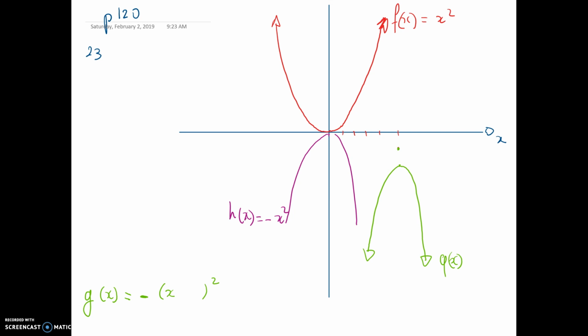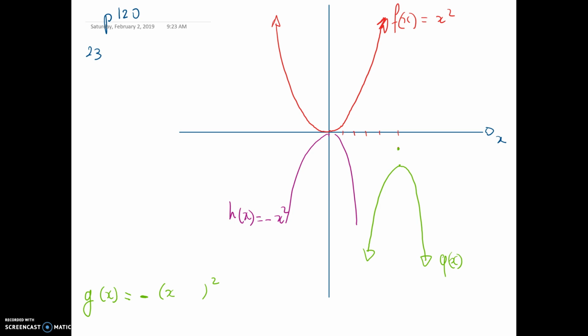But now I've reflected. What I want to do is I want to move this function h of x to the right. And if I want to have a shift to the right, that means the new function, let's call the new function d of x or c of x.